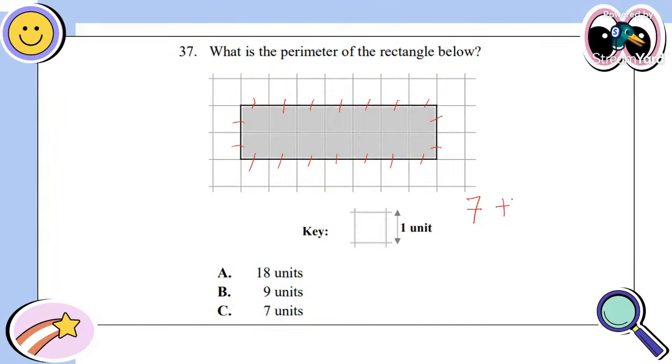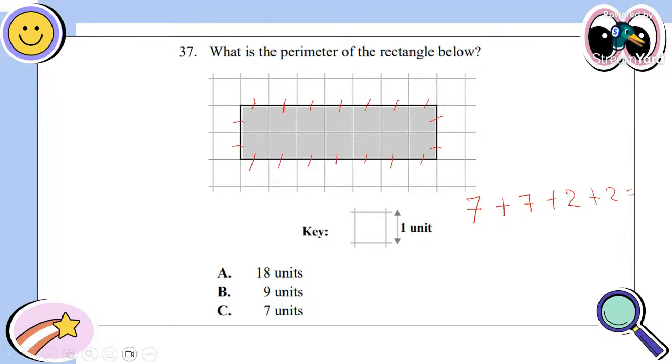We can add the other side of 7 to it. If we think about this length on this side, 1, 2, then since it's a rectangle, the length on the next side must also be 2.